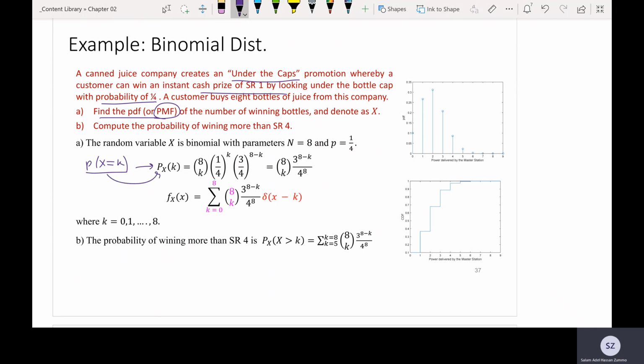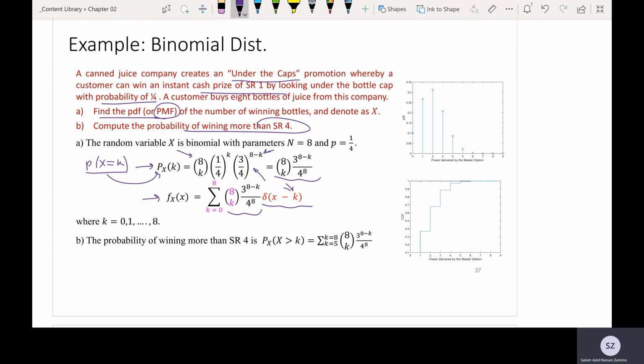It's equal to 8 choose k, 1 over 4 to the power k, times 3 over 4, which is 1 minus p, to the power 8 minus k. Simplifying them, you will get this. And if you put the PDF, it will be a series of deltas at different k, and the probability that x equals k multiplies every delta. And the question: compute the probability that you win more than 4 reals.